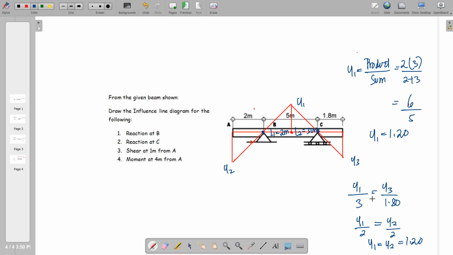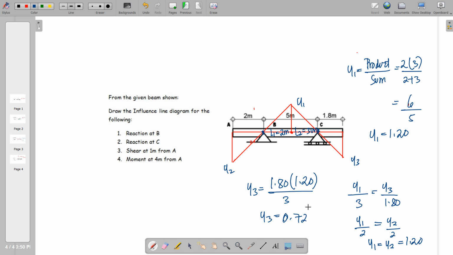So for y3, we'll just have to cross multiply 1.8 to that, multiplied by y1, which is 1.2, divided by 3. And that will be equal to 0.72.